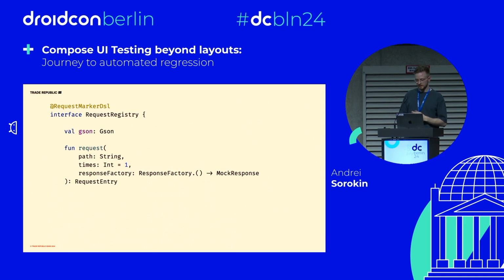So let's add a method to add the request. And let's take a look here. We have a path, so you can match your request by path and then return some response in a lambda. What is times? Times is because sometimes you need to respond only once, and then you don't really want to have a mock afterwards, so it cleans it up.